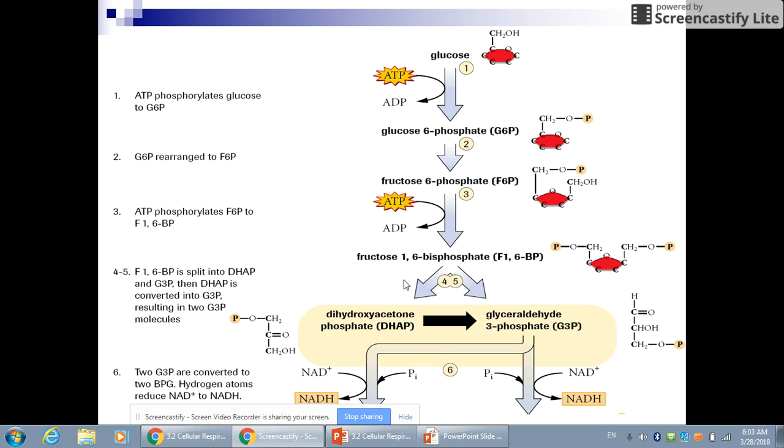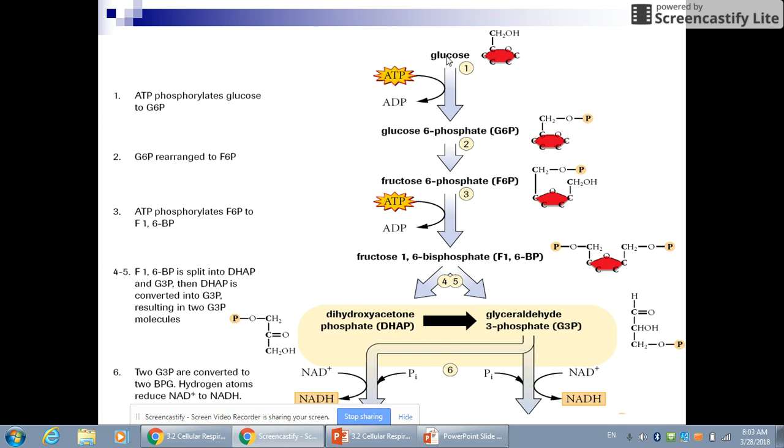So really the first 3-4 steps of glycolysis are often called priming the glucose molecule to be split, or energizing the glucose molecule. Or it could also be called the investment stage. I've heard that as well. And what's happening to the glucose molecule here is that it is being phosphorylated by ATP twice and also being rearranged.